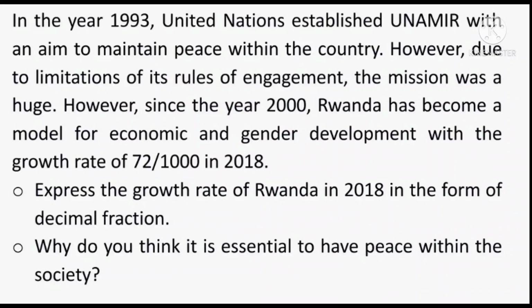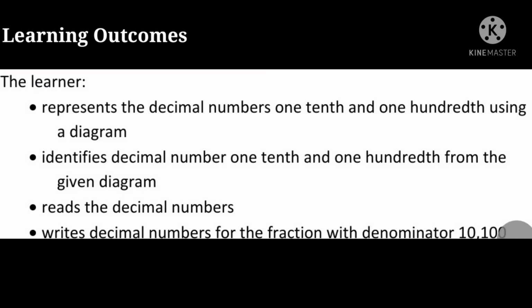Now, my dear viewers, after this lesson plan is executed, what could be the learning outcomes achieved? It is very important to analyze or expect what the learning outcomes should be after the lesson plan is implemented. Number 1, the learner represents the decimal numbers 1/10 and 1/100th using a diagram.